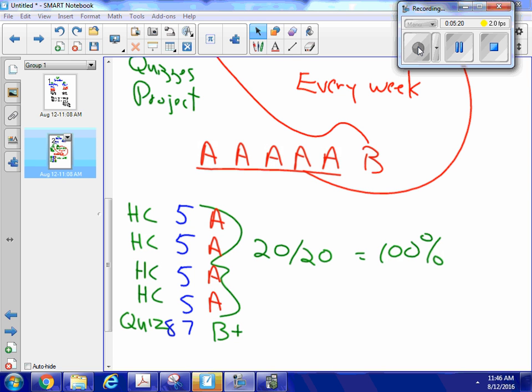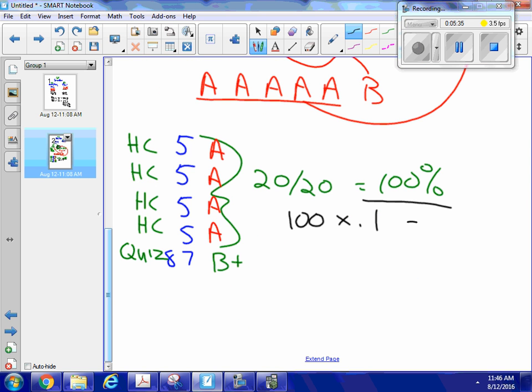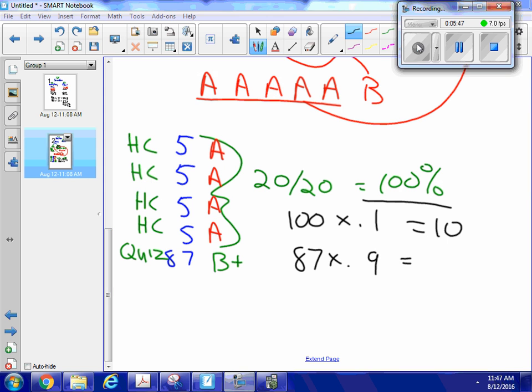We have 100% times 0.1, which is the 10% number here. The homework checks are only worth 10%. 100% times 0.1 would be worth 10 points. And 87 times 0.9 equals 78.3.